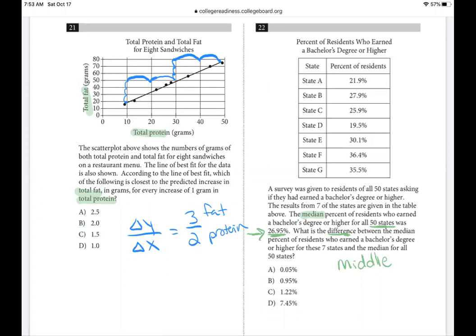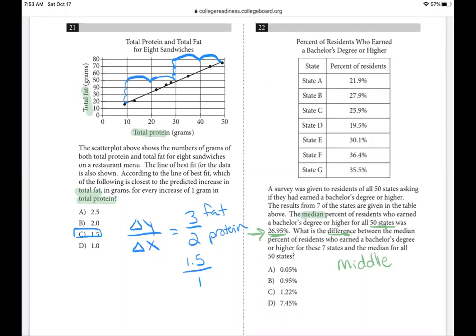They're giving it as a decimal. So answer choice C, 1.5. So 1.5 grams of fat for every gram of protein. You could also think of if you divide both the numerator and denominator by 2, even though we don't typically have a decimal within a fraction, you could break it down that way.